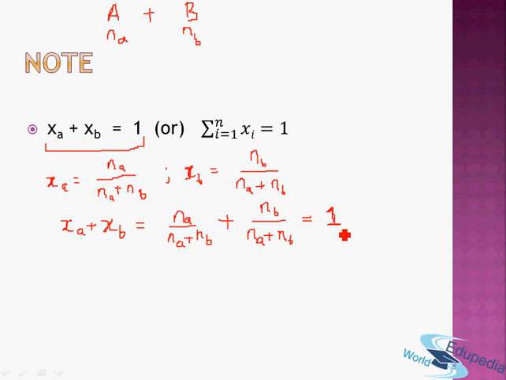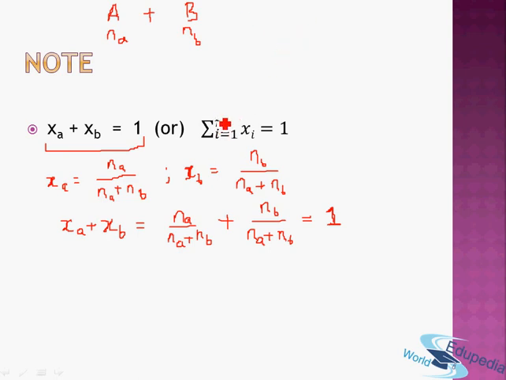Xa and Xb are fractions, so mole fraction should always be between 0 and 1. If I add the mole fractions of all the constituents, what I'll get is 1.